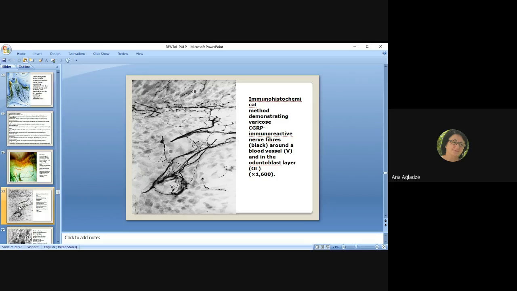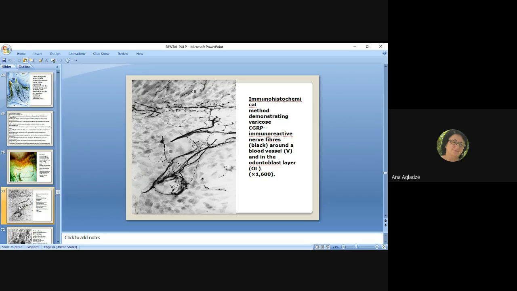And the fast A delta fibers are thin and myelinated and reach the odontoblasts, the predentin and the dentin, and extend into the dentinal tubules and establish contact with odontoblasts. Their ends lie very closely adjacent to the odontoblasts, but there are no gap junctions or synapses between them. And a paracrine signal exchange would nevertheless be possible because of the close proximity.